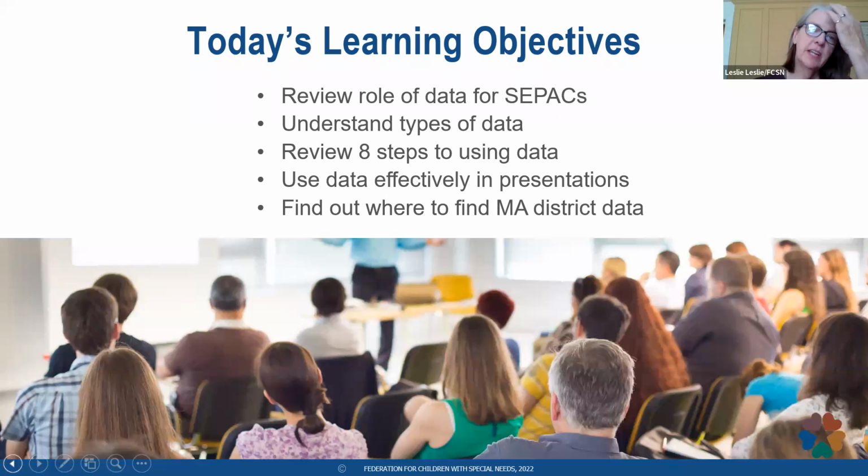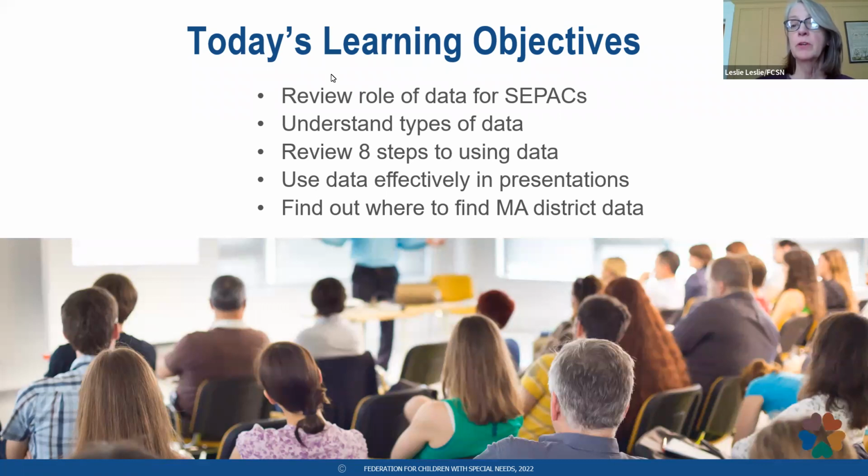Our learning objectives today are really to give you an overall view of data and how, specifically, CPACs can use data and learn about data. The concept here is to understand the different types of data and when they would be most effective for a CPAC to use.